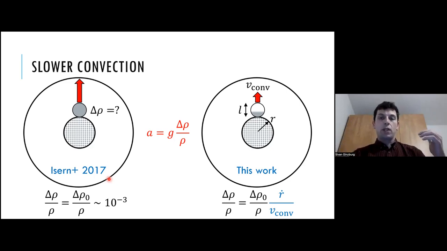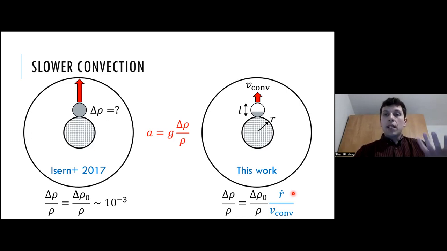A competition between the rate of crystallization, the rate at which the crystallization front advances outwards, and the rate at which these elements rise upwards, which is their convective velocity. And the actual density contrast is reduced by the ratio of these two velocities.